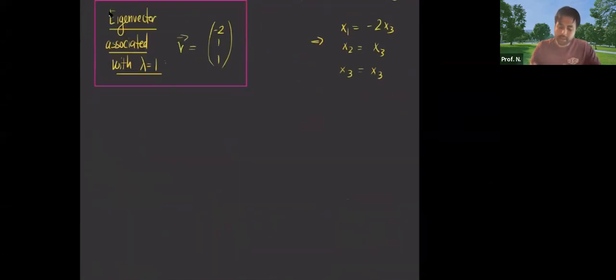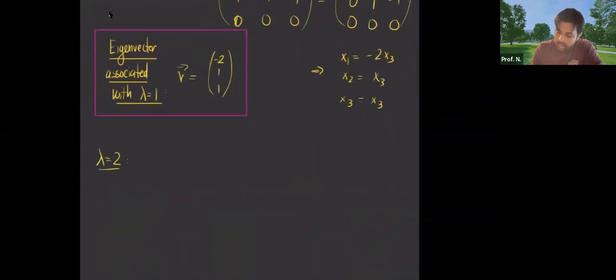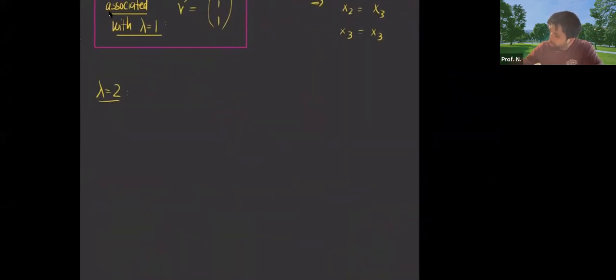And then we have to find lambda equaling 2. So when lambda equals 2, what do we get? We get -2, 0, 1. This is 1, 0. This is a 1, 1. This is 0, -2.